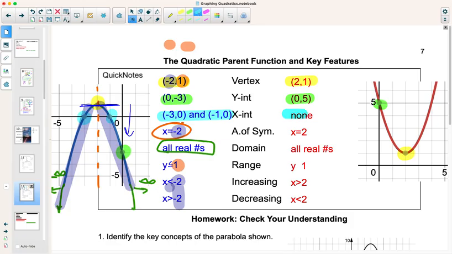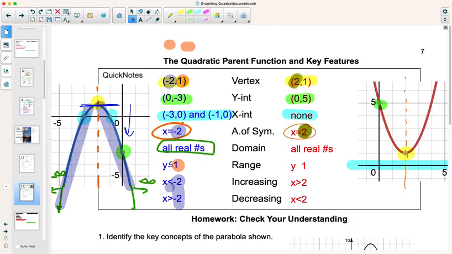The x-intercepts, there's none because as you can see, it doesn't cross the x-axis at all. The axis of symmetry, that one here, we got to draw in. It's just a dashed line that goes vertical, straight through the vertex, right? It's x equals 2. And again, a reminder about this stuff. This 2, that's the x value of the vertex.